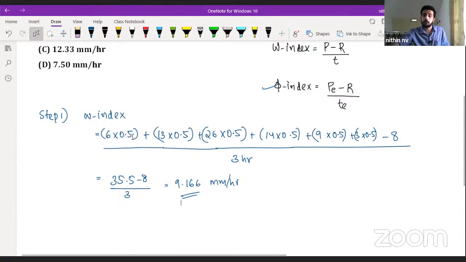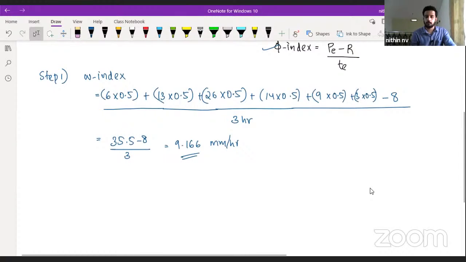If it was a uniform rainfall, then all these intensities would be the same throughout; it may be 6, 6, 6, 6 like that, or 13, 13 like that. Then both phi index and W index will be the same. But whenever non-uniform rainfall is happening, what is our step 2? We have to select those intensities which are greater than the W index.